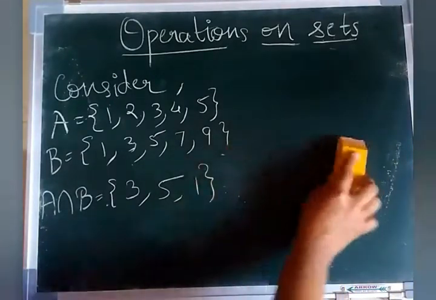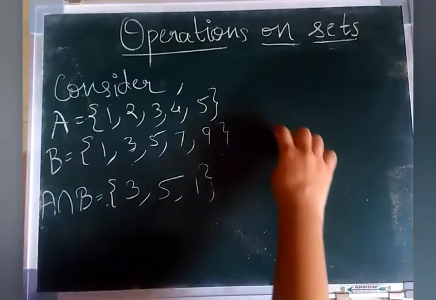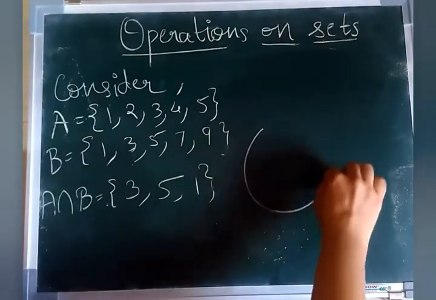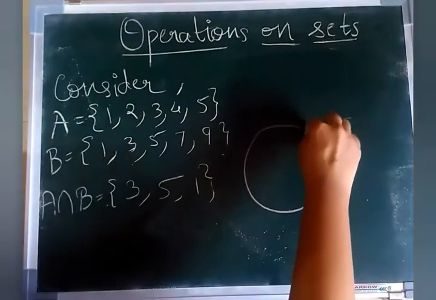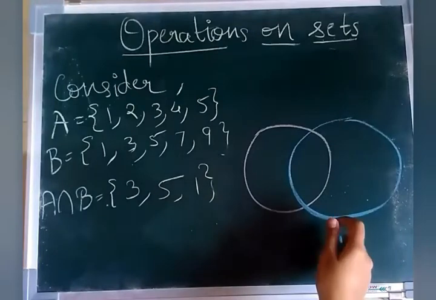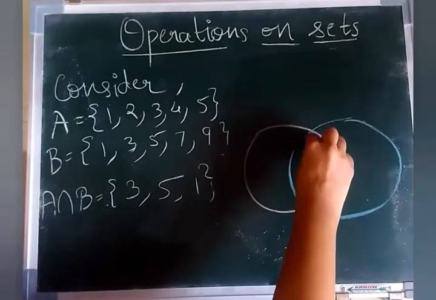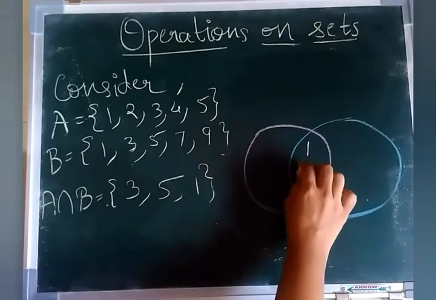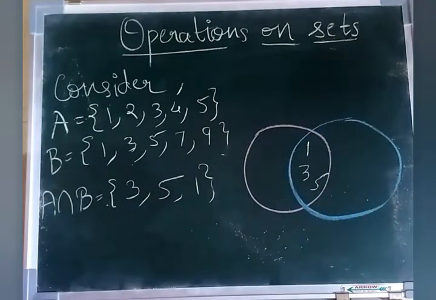I feel I should make a better diagram, because this looks clumsy. Once again, okay, let's go. This is set A. This is set B. With yellow I will write what is common to both. 1, 3 and 5 are common to both.